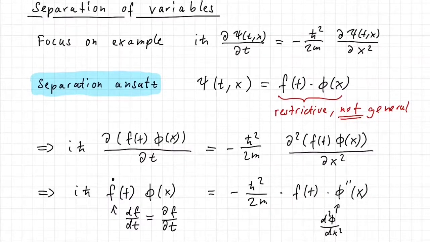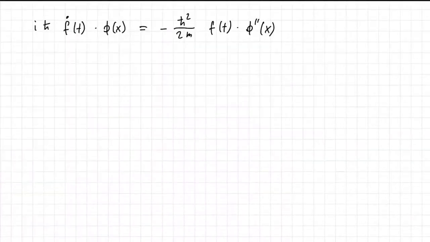So what we've achieved so far is that we have reduced our partial derivatives to normal derivatives, but still in this equation, f and phi are mixed together. So can we improve on that? It turns out we can by applying a trick.